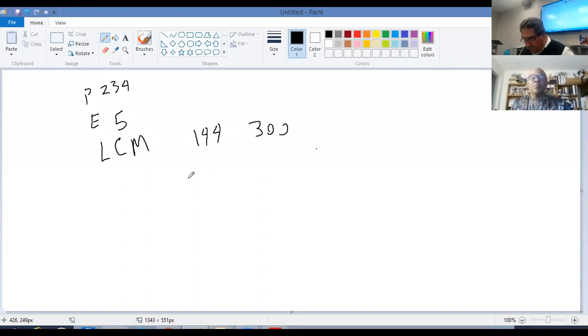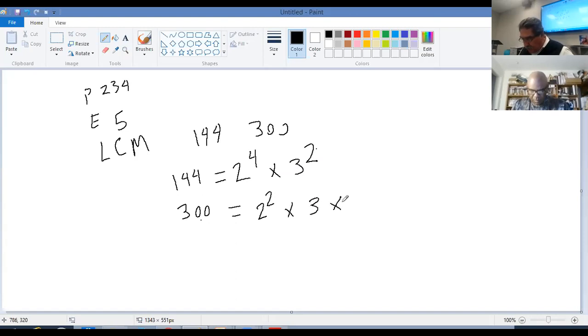So if we do the prime factorization, 144 is 2 to the power of 4 times 3 to the power of 2. 300 is 2 to the power of 2 times 3 times 5 to the power of 2. I'm not going to do the factorization here. You can do it yourself, and then you come to these answers.